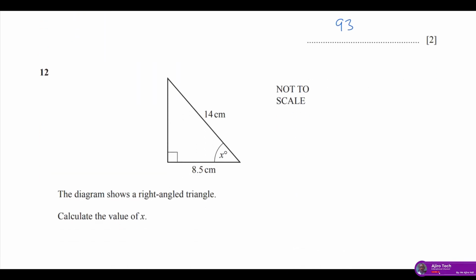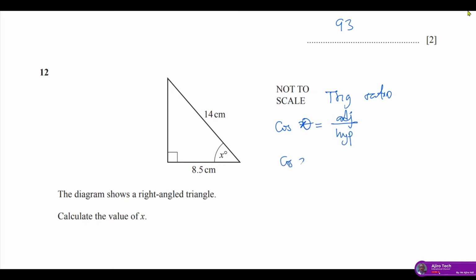So next question. Calculate the value of x. This is a right angle triangle and there's an angle in between, so we can use trig ratio. We have adjacent and hypotenuse, so it is cos x. Cos theta is adjacent over hypotenuse.